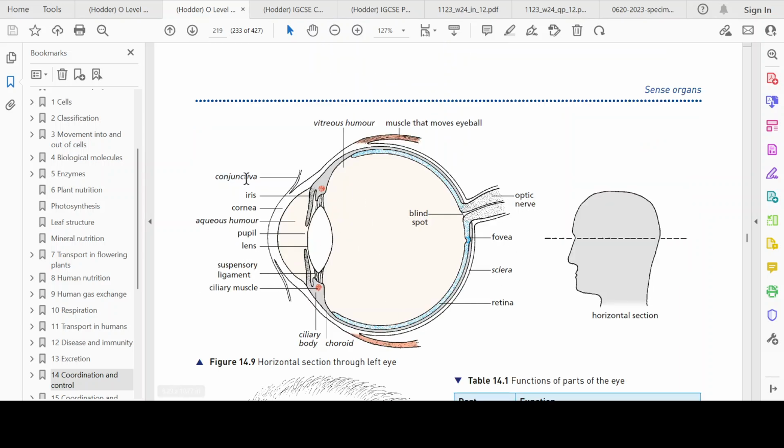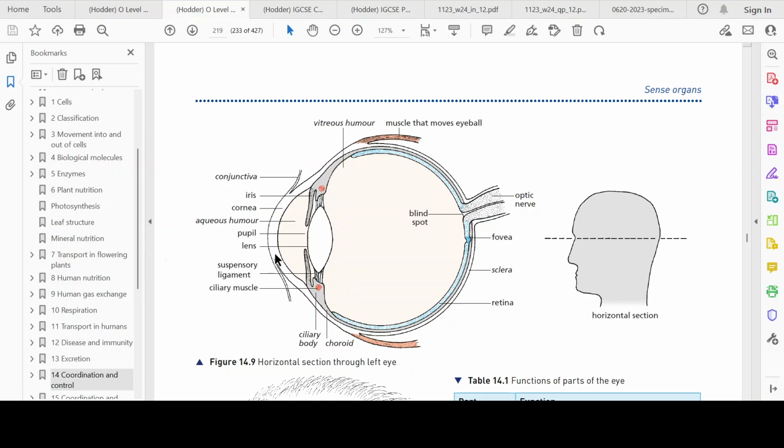So this is the diagram of the eye. Most of this you don't need to know. You need to know the lens. You need to know the iris, the thing that's in front of the lens. The ciliary body over here is connecting to the lens, the ciliary muscle, and the ligaments that are holding the lens in place, these thread-like things that you're seeing.